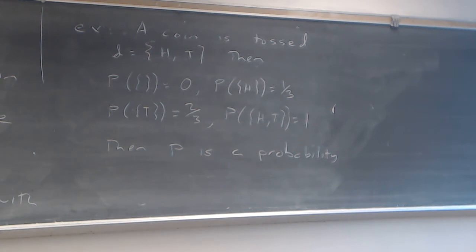What we are accustomed to, quite often in this situation, is when the outcomes in the sample space are all equally likely to occur. So let me write down a fact about that situation.